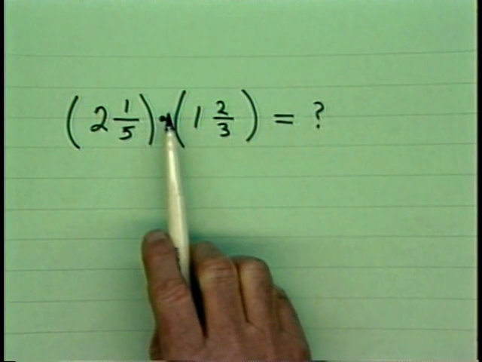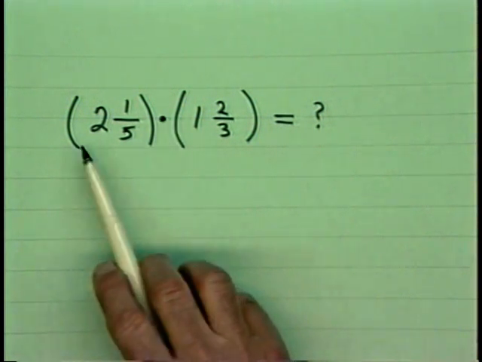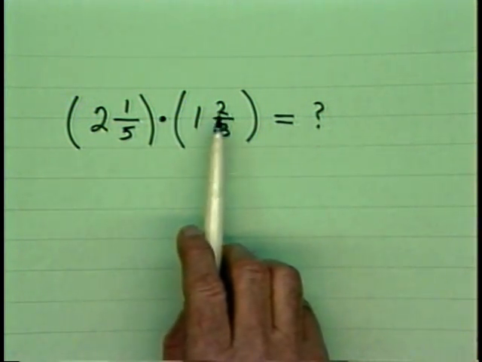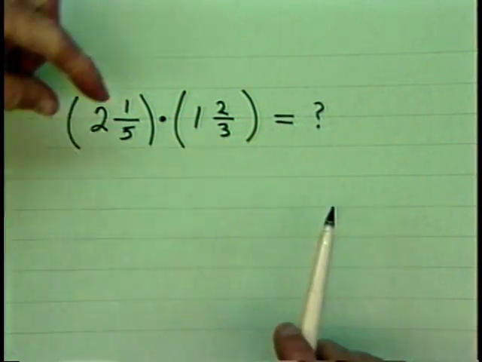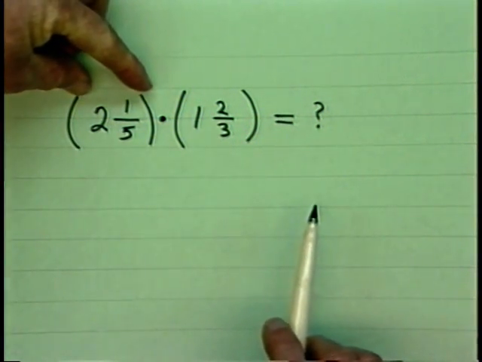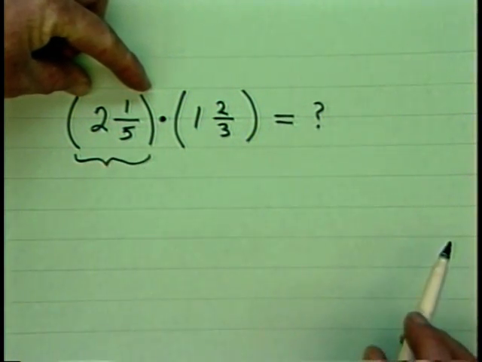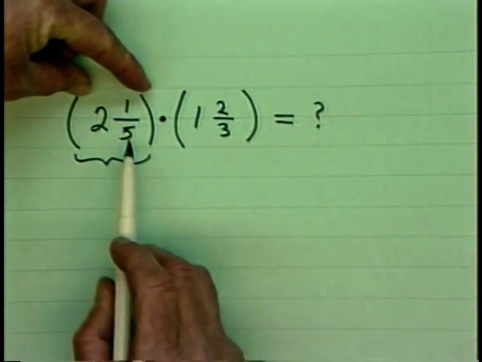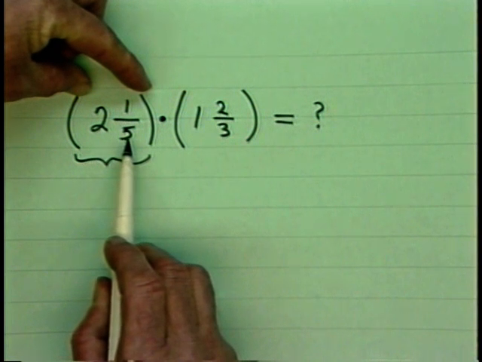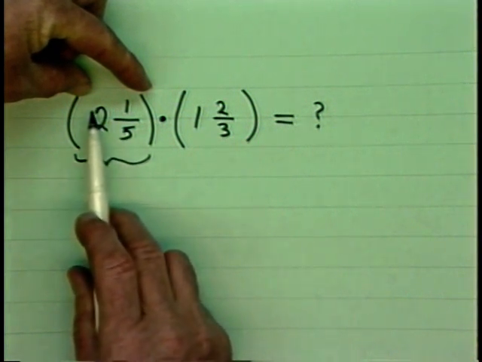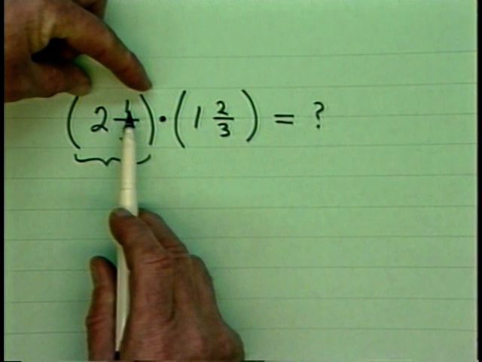Then from there, in this lesson, we move to the multiplication of mixed numbers. But all we need to do there is recall that a mixed number can always be written in a pure fraction, which we call improper fraction form, by multiplying the denominator times whole number added to numerator.